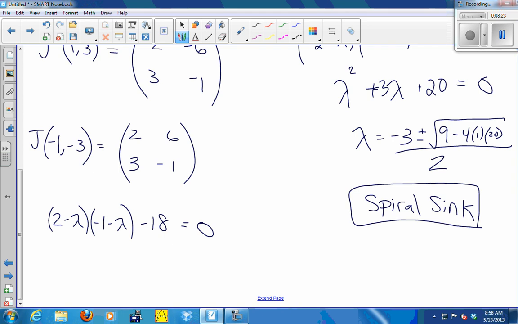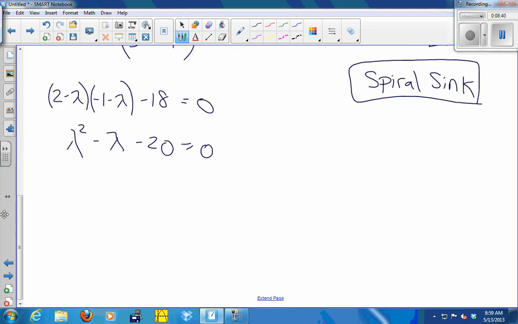So that's negative 2, so this is going to be negative 20, minus lambda, minus 2 lambda plus lambda is minus lambda, lambda squared equals 0. And this factors to lambda minus 5, lambda plus 4.